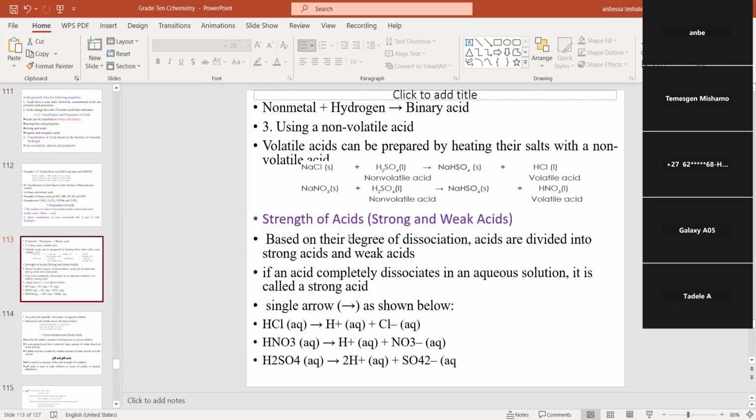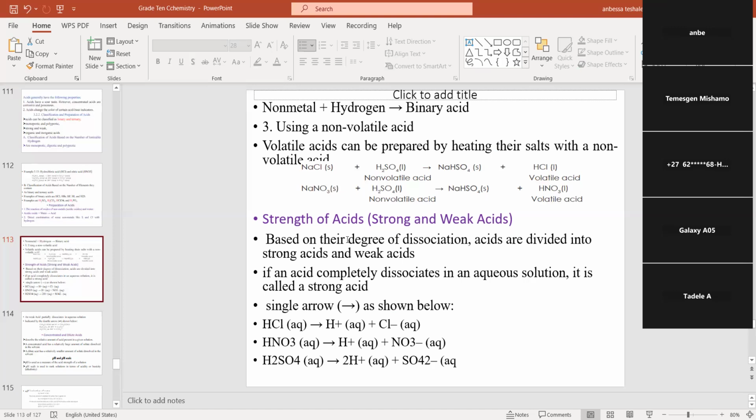Strength of acid, when you classify acid in terms of strength we call it strong and weak acid. Based on how? ምንድነው መነሻችን? strong ነው weak ነው ለማለት መነሻችን ምንድነው?